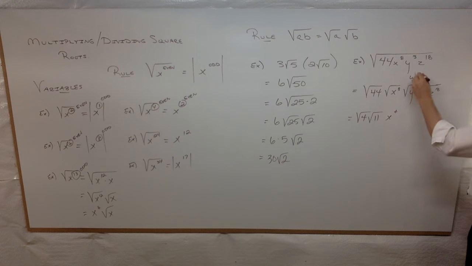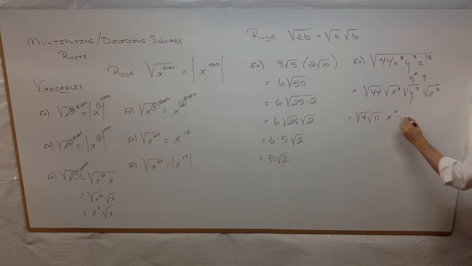But if you think about y cubed, it's y squared times y to the first. So we have a y square root y. And again, no absolute value. Even though that's an odd power, it doesn't matter. It started off odd to begin with, so we forget it. Z to the 18th, that's a perfect square. That's z to the 9th. 9 is odd, so we do need absolute value.